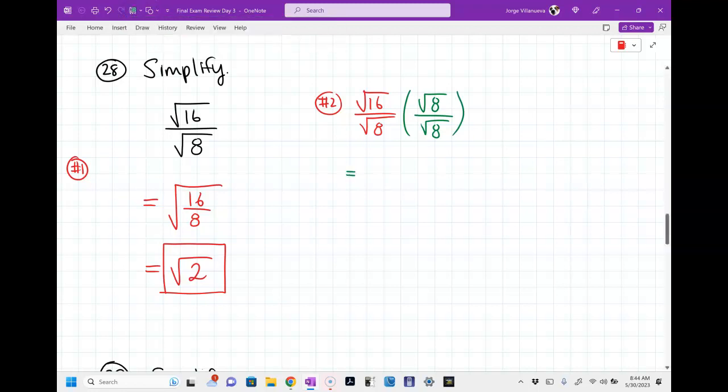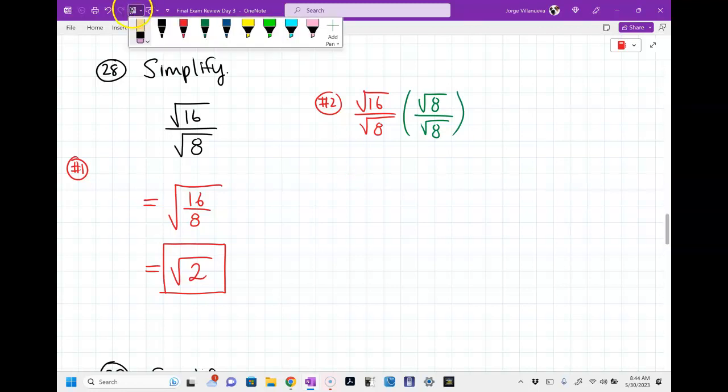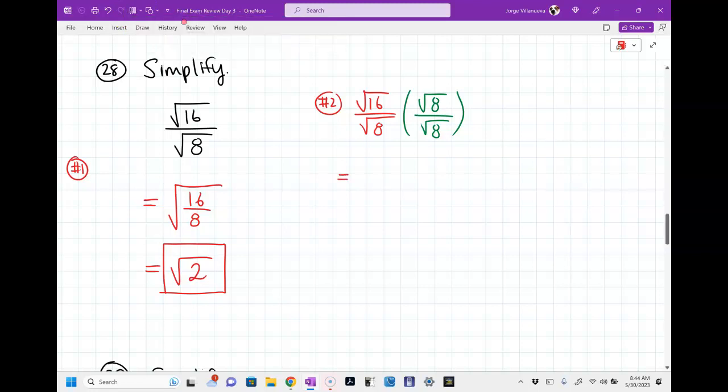That's called rationalizing the denominator. Square root of 8 times the square root of 8 on the bottom, that's the square root of 64. Square root of 8 times the square root of 16. I don't know that off the top of my head. Give me a second. So, what do we get? 128. The bottom part is just an 8.